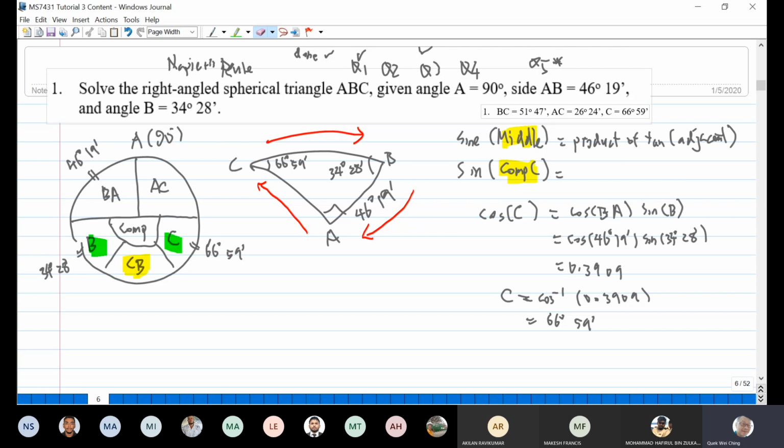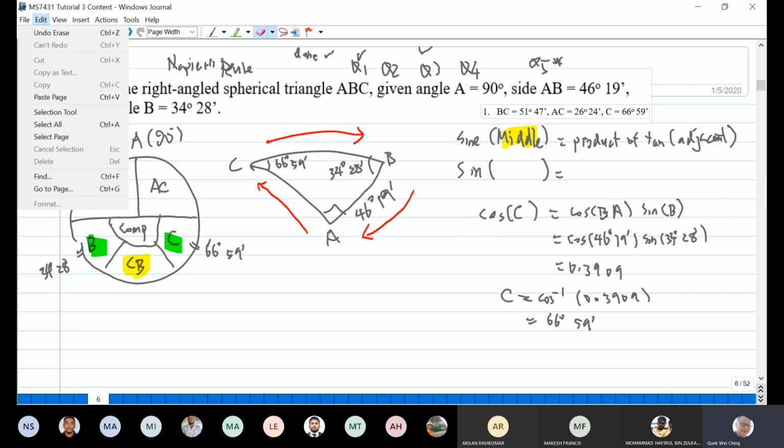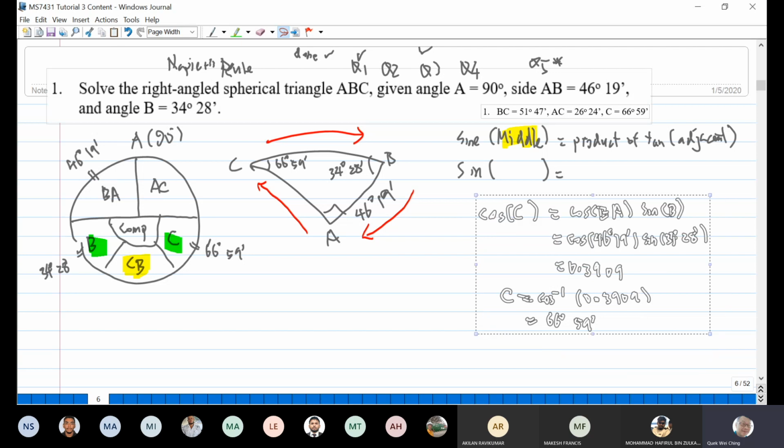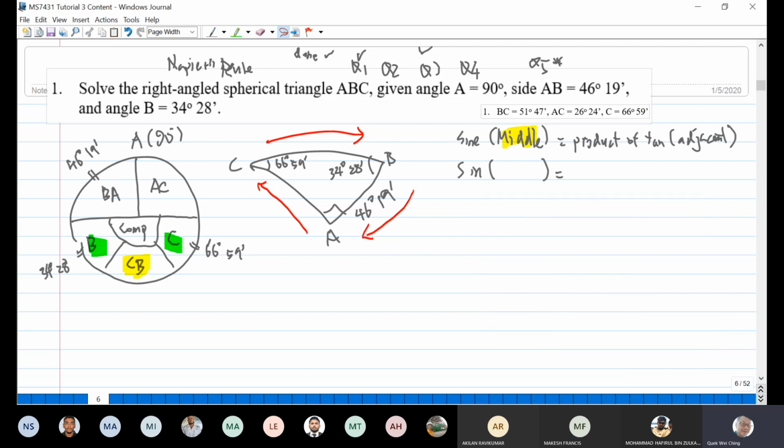Now I want to find CB. This one has quite a lot of things to do. The person always starts with sine of the middle part. The middle part in this case is CB. Now CB is in the lower half of the view, so be careful.